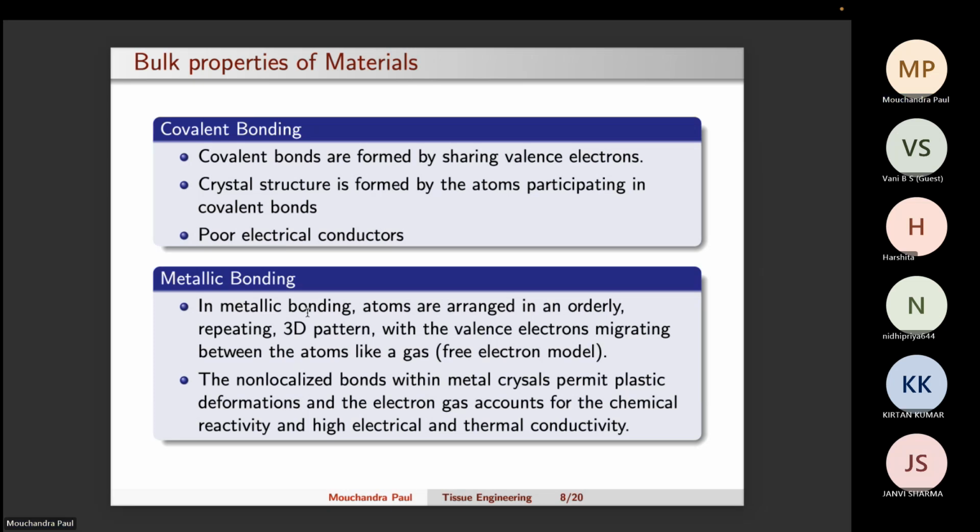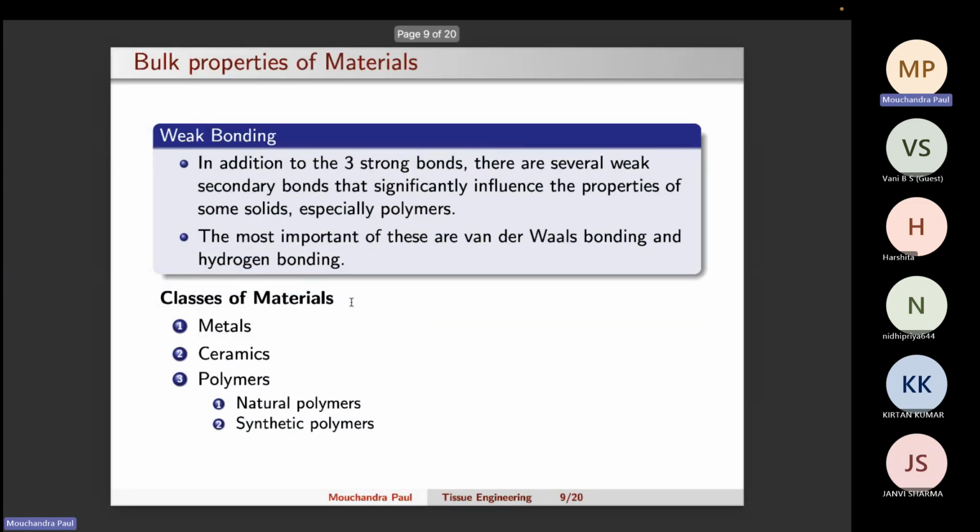So these three types of strong primary bonds are found in solids in general. But there are also some weak bonds, and these weak bonds are often important when we talk about a class of material called polymers. Polymers are monomers covalently linked with a large number of monomers.